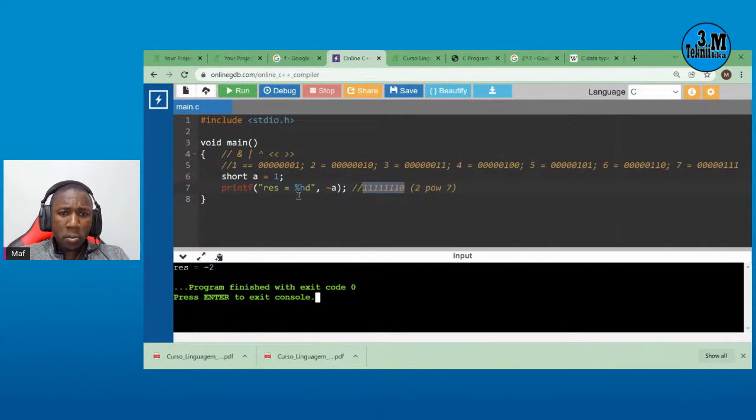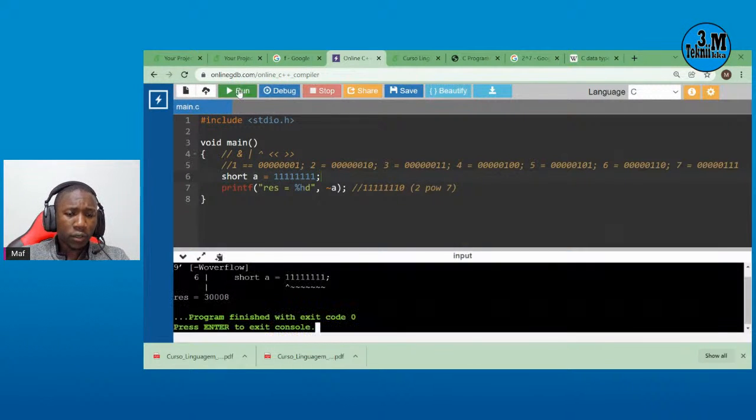Okay, -2. This is something like this. Wait, that's not good. I don't like this. If I have 1, 2, 3, 4, 5, 6, 7, 8 bits and we have this, what's wrong?